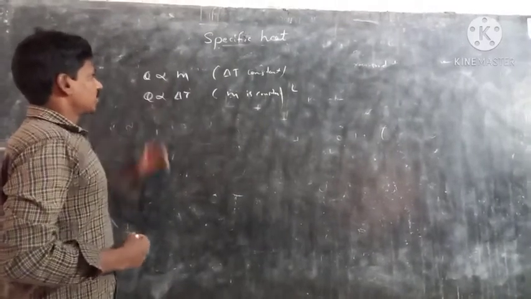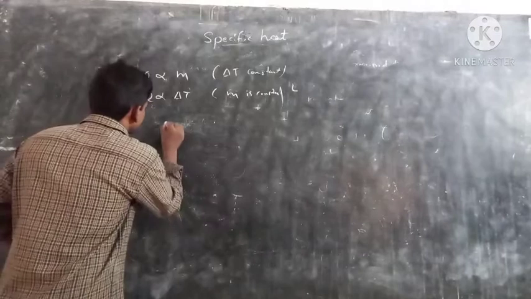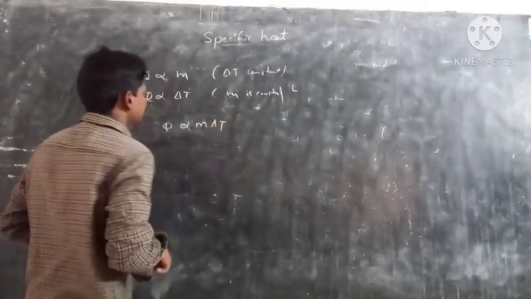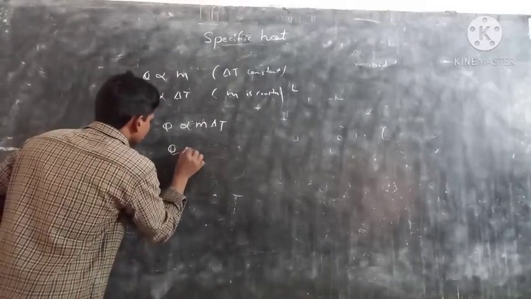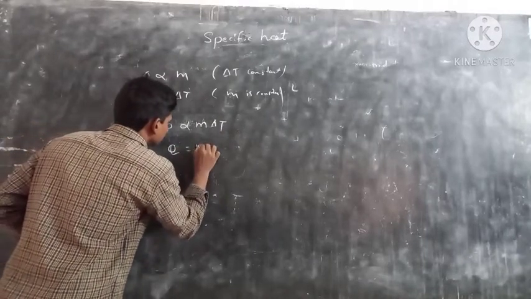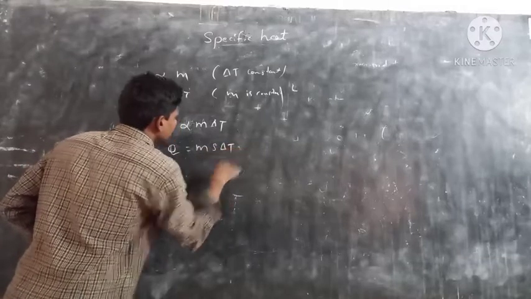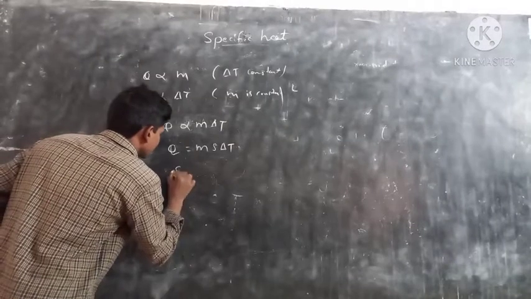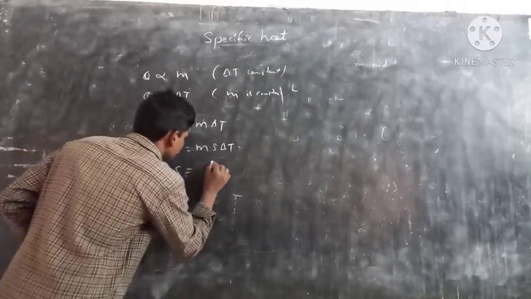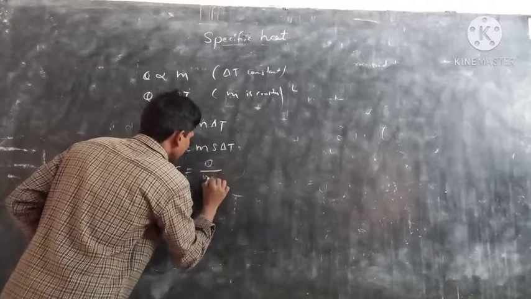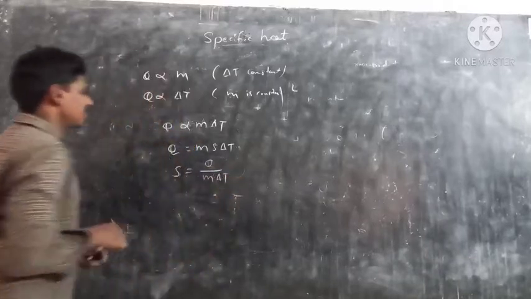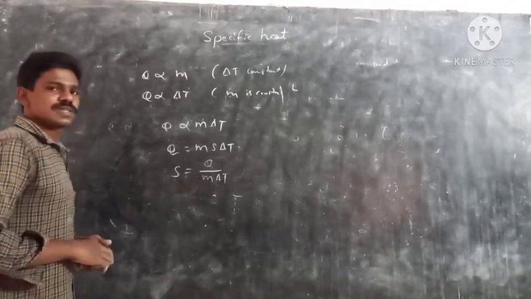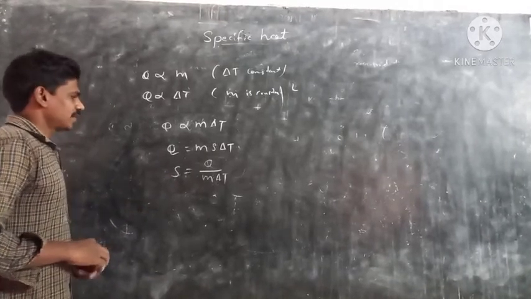From both equations, Q is directly proportional to M delta T. From this, Q is equal to M S delta T, where S is a constant. From this equation, we get S equal to Q by M delta T, where S is the specific heat of the substance.